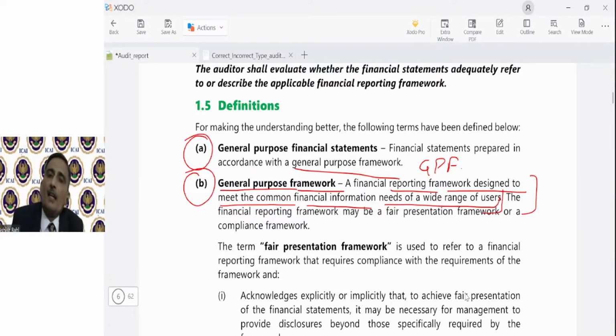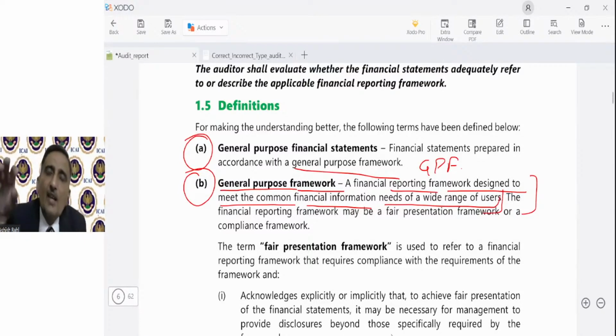It is relevant for members, tax authorities, regulators, lenders, investors. It may be relevant for creditors. So when financial statements are prepared in accordance with a general purpose framework, these are called general purpose financial statements.